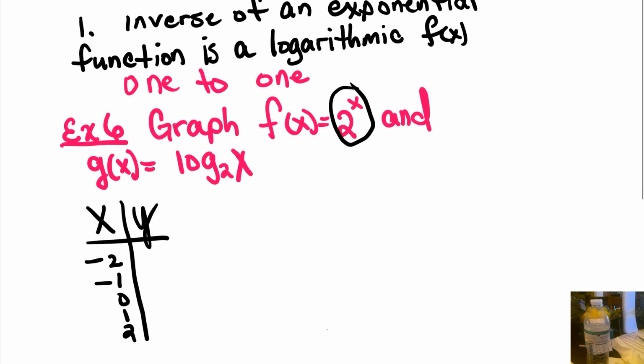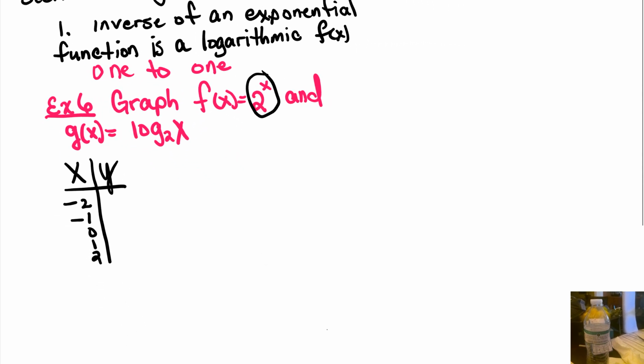Given this information, I would plug that into the equation: 2 to the -2, 2 to the -1, 2 to the 0, 2 to the 1, and 2 to the 2. So my numbers are 1/4, 1/2, 1, 2, and 4. And let's go out one more, 2 to the 3rd, which gives us 8.